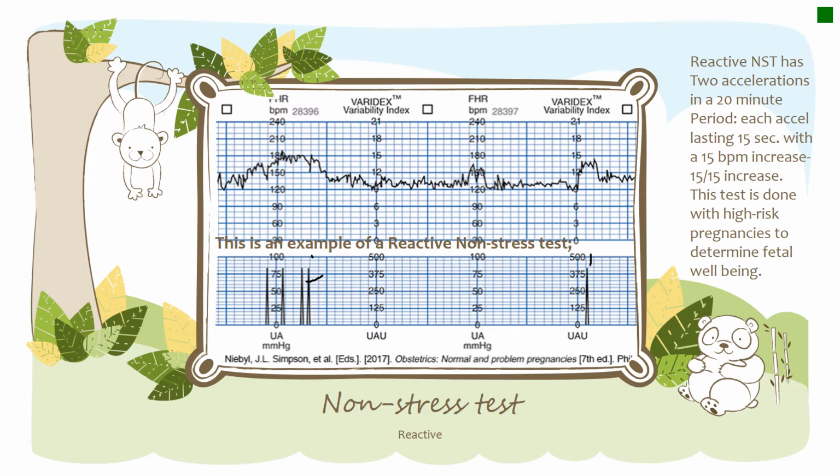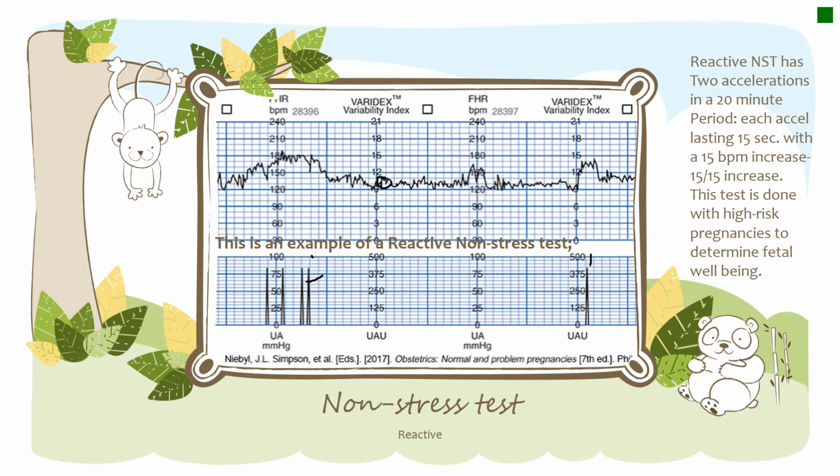Okay, so here's what we want. After we've gotten our baseline, we're going to be talking to her, get a good 10-minute strip, and then we're going to start recording and start watching. We want to have at least 2 accelerations in a 20-minute period. But remember, an acceleration can't be just this right here.